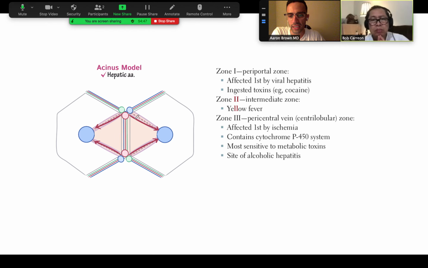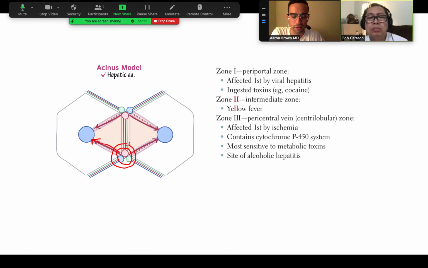And so we're looking at the exact same thing here. We see our hepatic sinusoid, we see our portal triad, and the blood flow moving towards the hepatic vein. Now, as blood is moving in this direction, we have zones here. And so our first zone is our periportal zone.